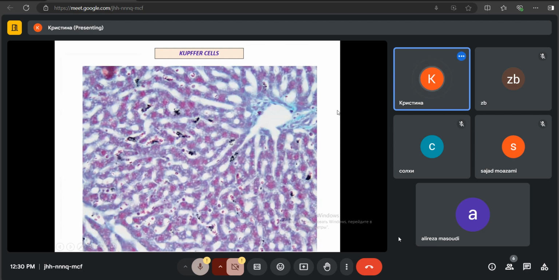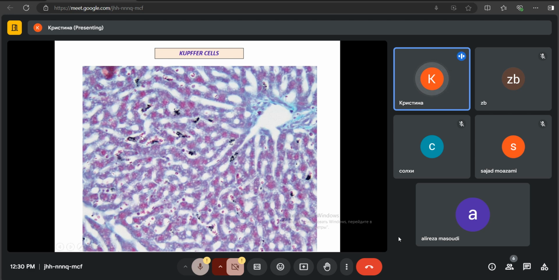In this picture, black ink was added to the blood of the laboratory animal, whose section of the liver we see here, and we see that all the cells that are capable of endocytosis have endocytosed the ink from blood.